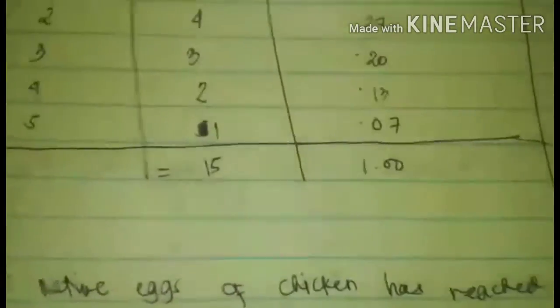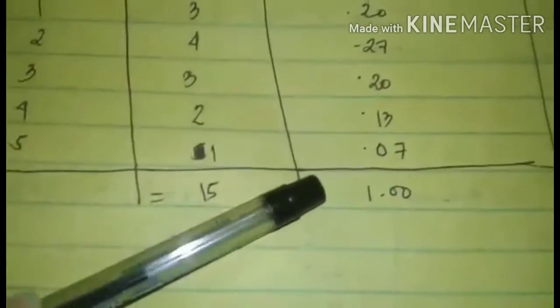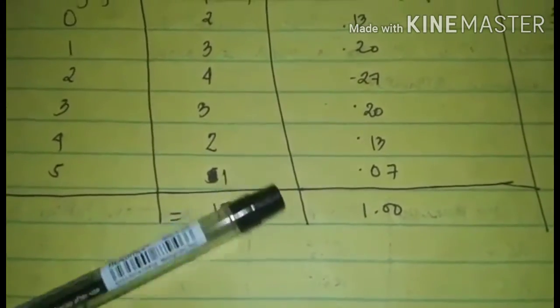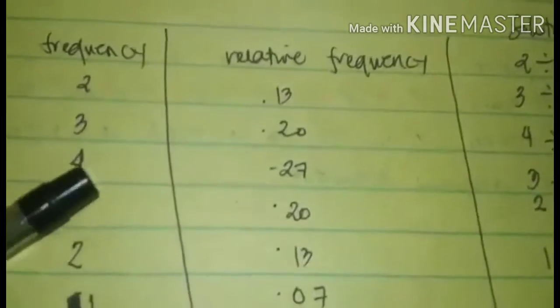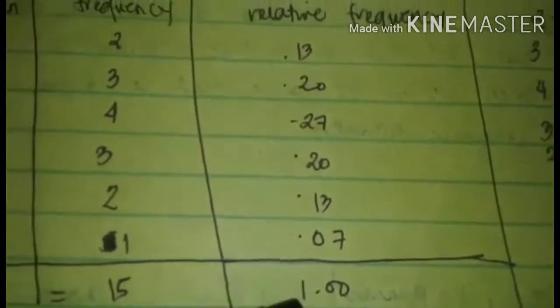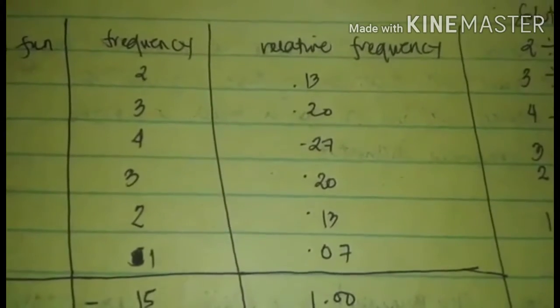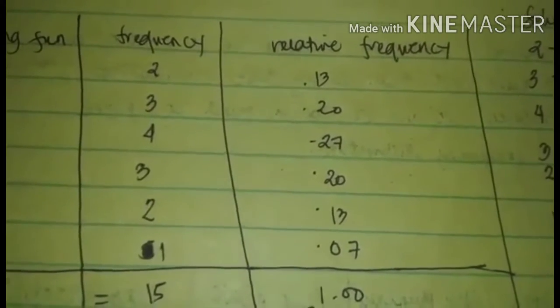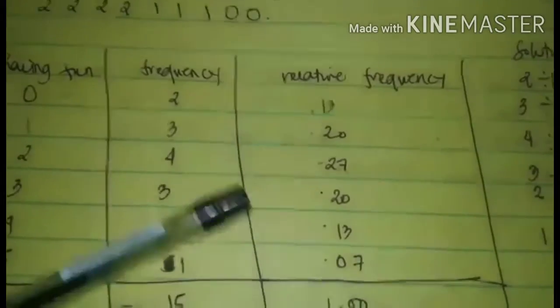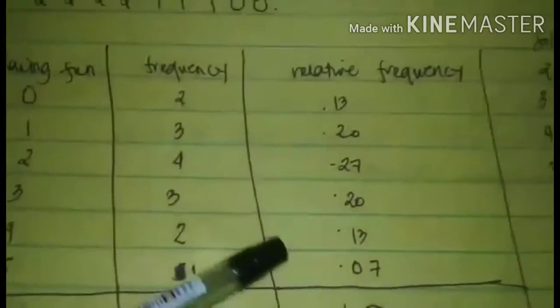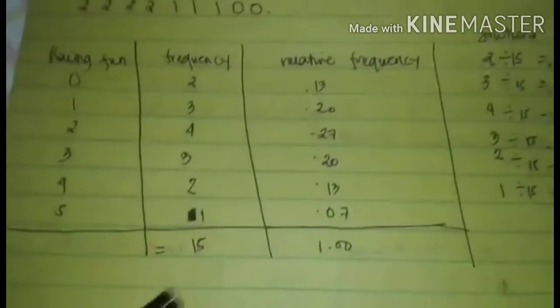In order for us to confidently say that our answer here is correct, we should obtain a total of 1 for our relative frequency, because that is its equivalent number.